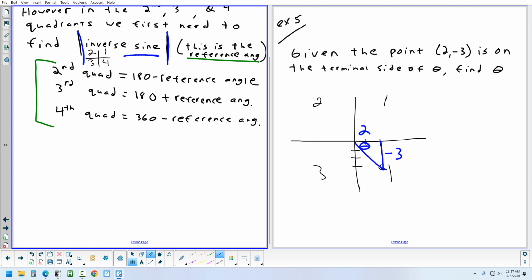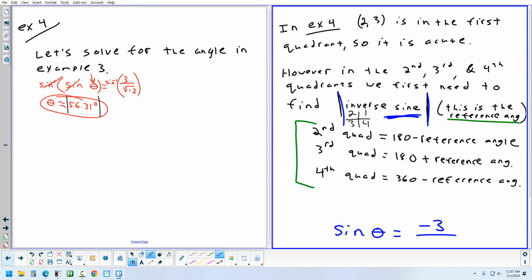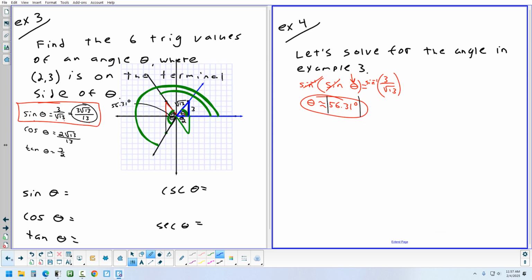Right, we always want to set it up with sine. So sine equals, well, I've got the opposite. Opposite is -3. But what am I missing? Hypotenuse. Well, we already found it. This is the same triangle we did in the problem right here, square root of 13.